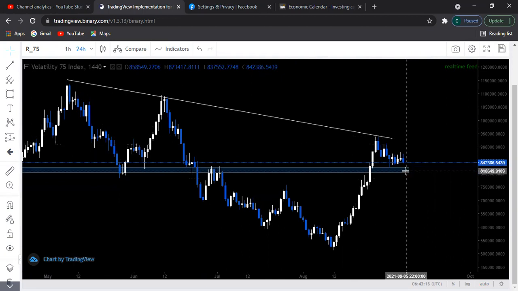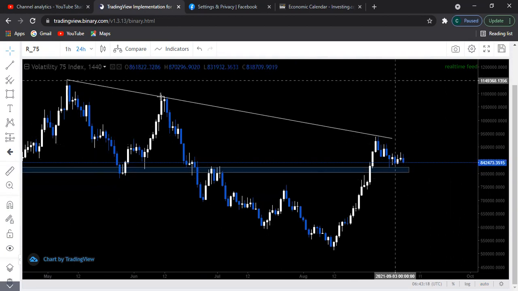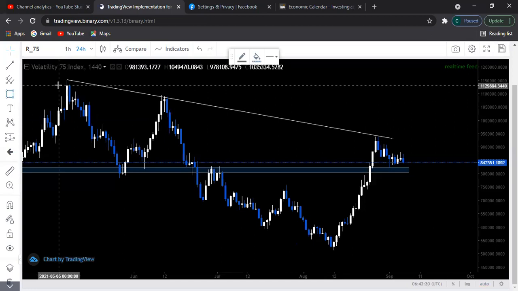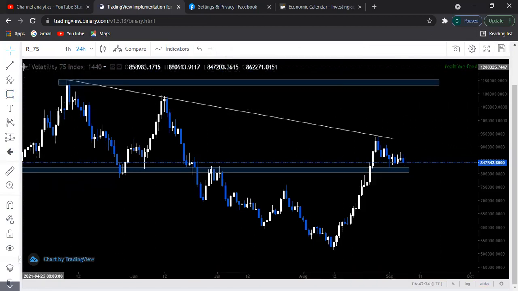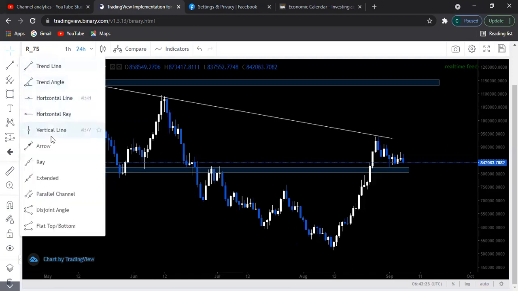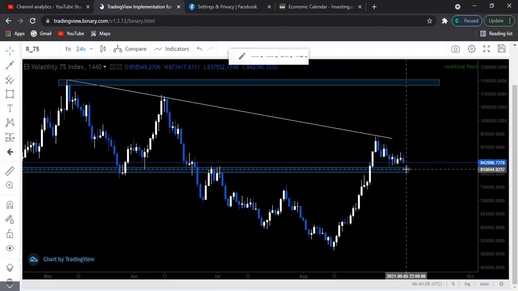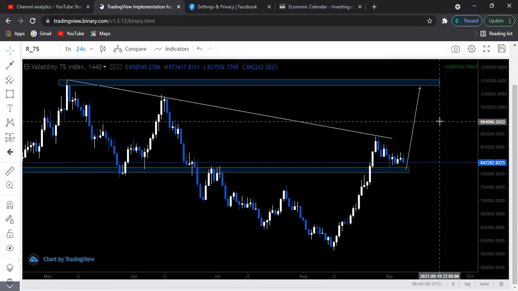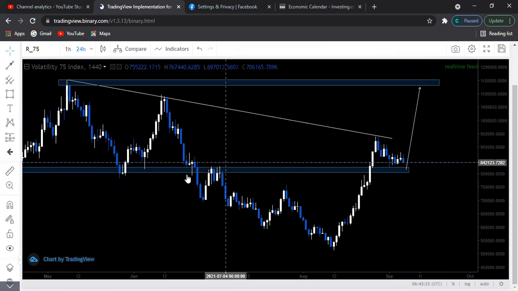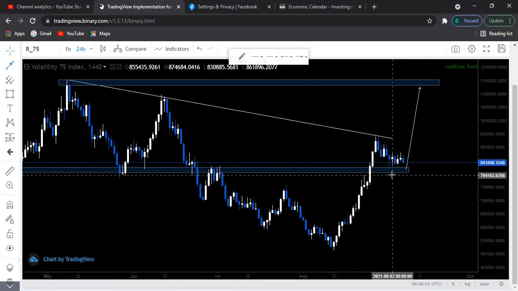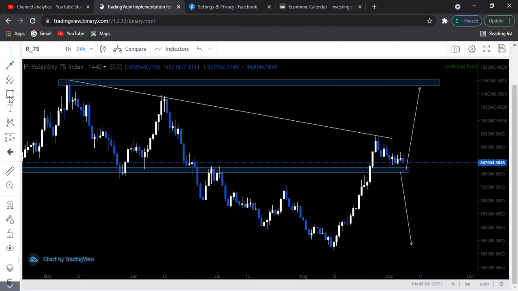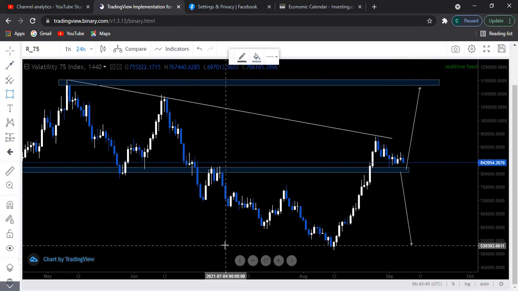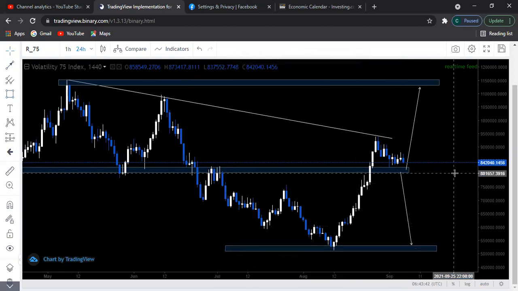Or if it bounces here, then you know our target will be all the way up here. So that's my actual view on volatility 75. When trading indices, guys, you always have to look at the bigger picture, what's going on with this trend. But if it doesn't and it breaks below here, then our target will be down here. So that's what's up with volatility 75, guys.